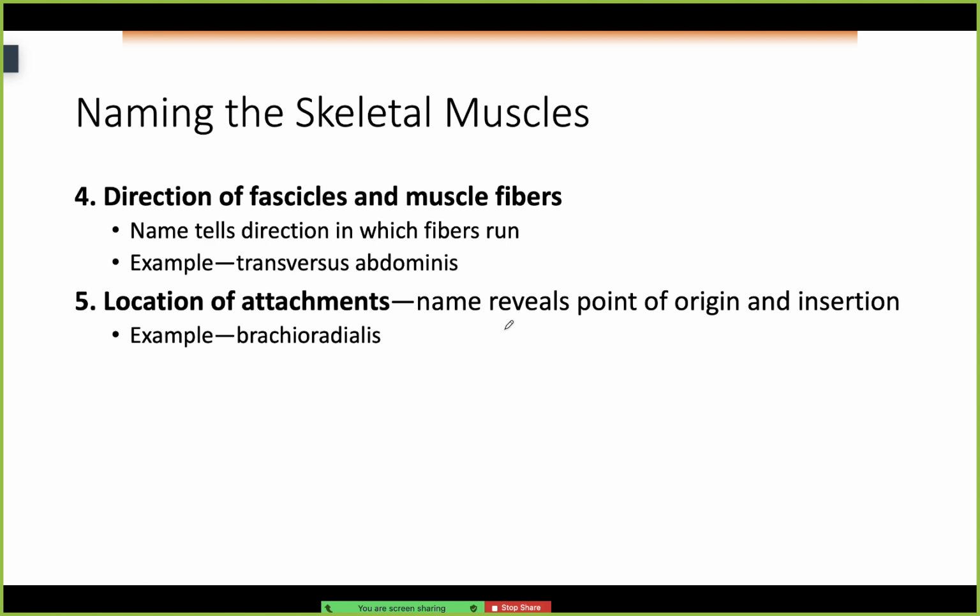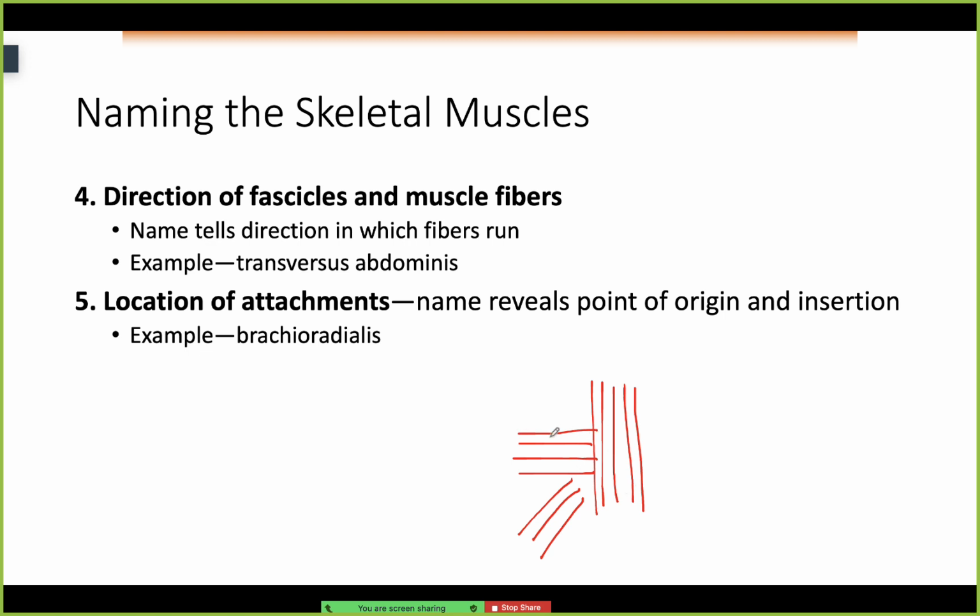And then you have direction of fascicles and muscle fibers. So muscles can run this way, lengthwise on your body. They can run this way, perpendicular to your body, or they can run this way, diagonal to your body. Muscles running up and down are long muscles. An example of this is that rectus abdominis, your abs.